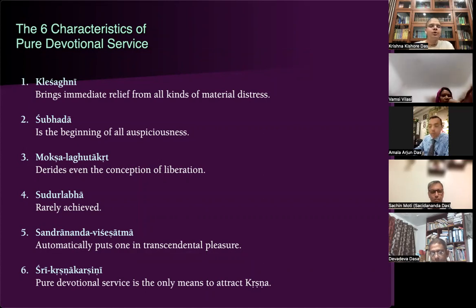Third is moksha laghuta krit. Laghu means small, and krit means to make. Bhakti makes moksha, liberation, small. Means what? Most kinds of spiritualists are running after liberation, moksha.